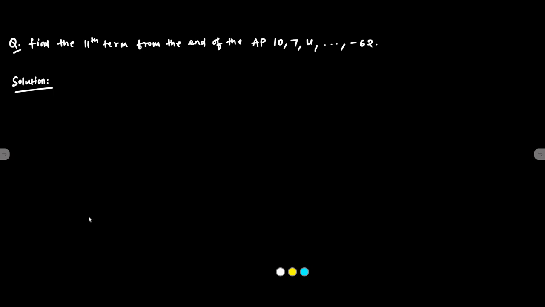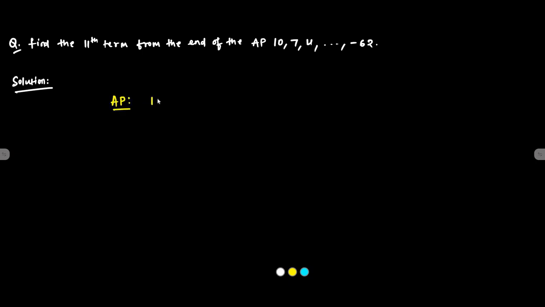So here is another question on general nth term of an AP from the end. It is given to find the 11th term from the end of the AP given by 10, 7, 4, up to the last term, which is minus 62. So here first we'll write the arithmetic progression, the terms.